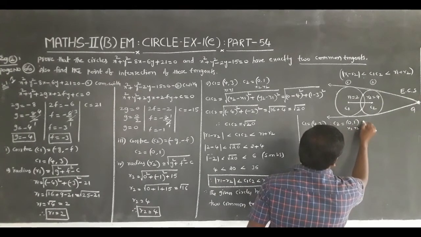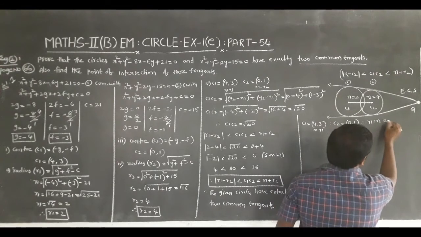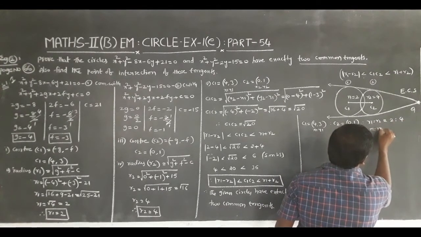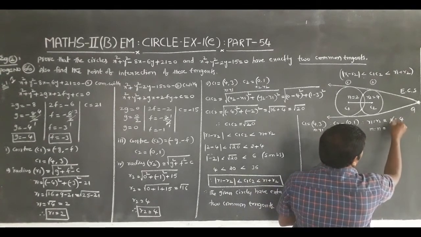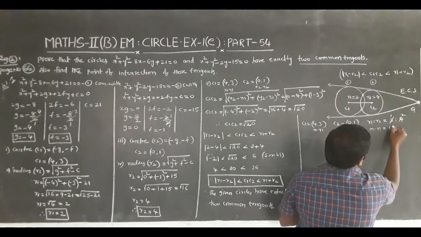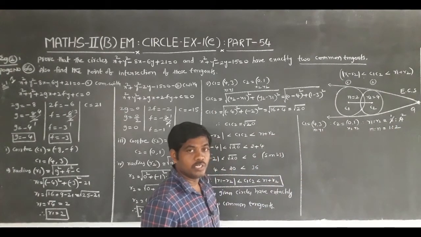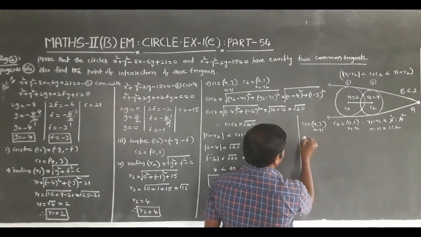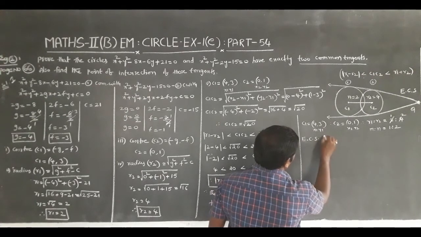R1 is to R2 is equal to 2 is to 4. Let R1 be m, R2 be n. m is to n is equal to 2 is to 4, which is 1 is to 2. The point of intersection is the external center of similitude.